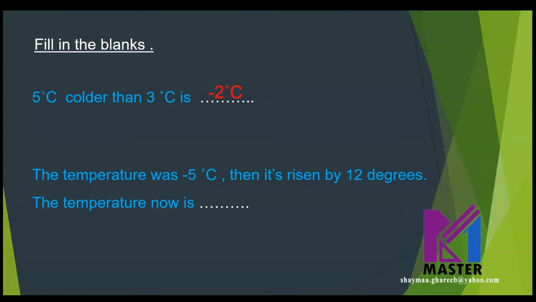Let's count forward and find out. From the negative 5, so we have negative 4, negative 3, negative 2, negative 1, 0, then 1, 2, 3, 4, 5, 6, and 7. So when we move forward 12 degrees from the negative 5, it will be 7 Celsius.